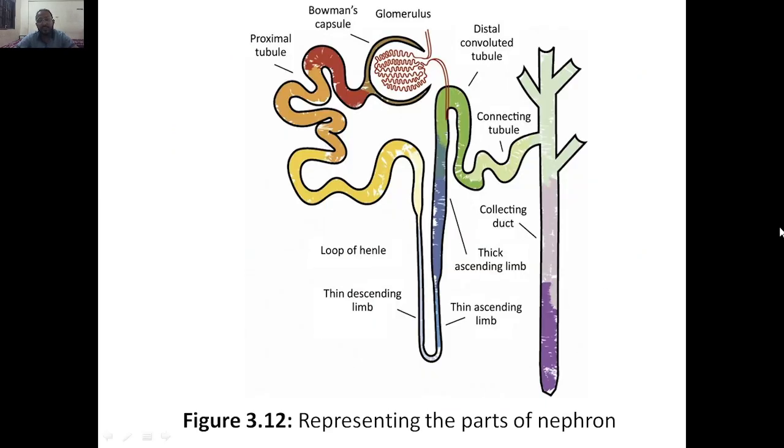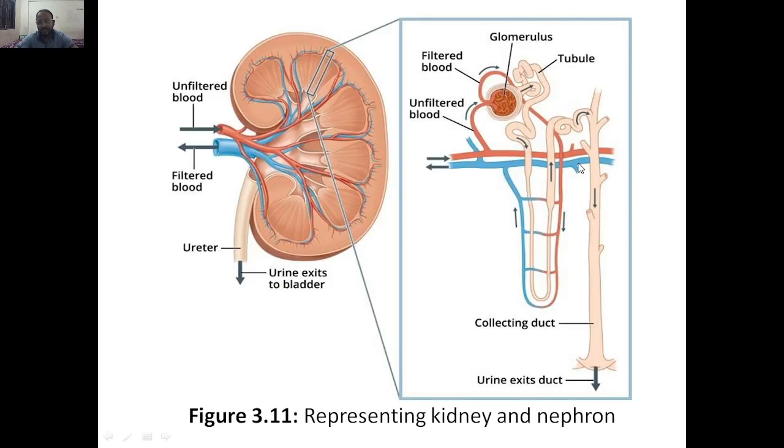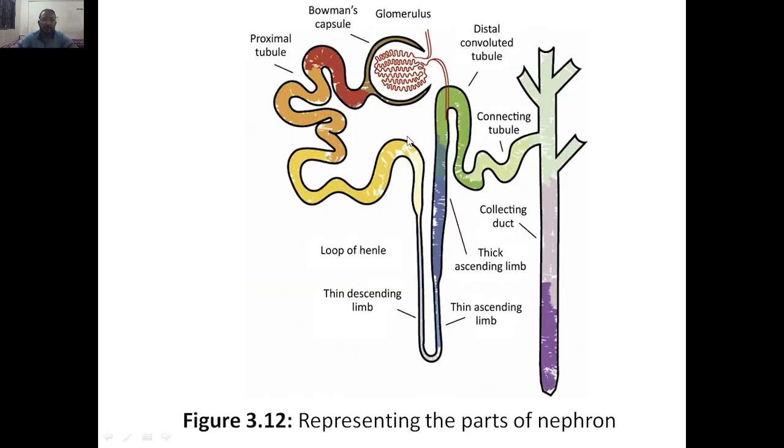Now the representation of different parts of the nephron. Whatever I have just explained, the basic function and how it works, the same thing I am explaining here, exactly what the parts of the nephron are. We can start with the connecting tubule, where the waste goes, or we can start from the proximal tubule, where the blood enters from the glomerulus and is purified.